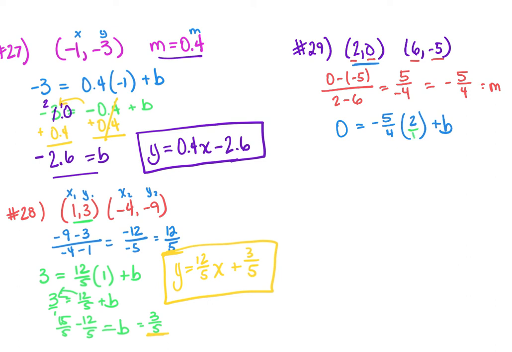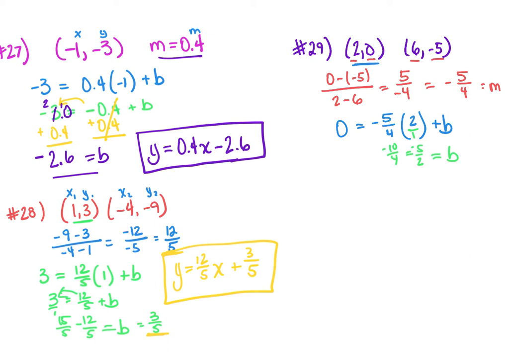So you can cross cancel there, or you can just multiply across. Negative 10/4, if you cross cancel, you'll end up with the same thing, negative 5/2 when you reduce. But that is my b. Negative 5/2 is my b. So now I have my m, and I have my b.